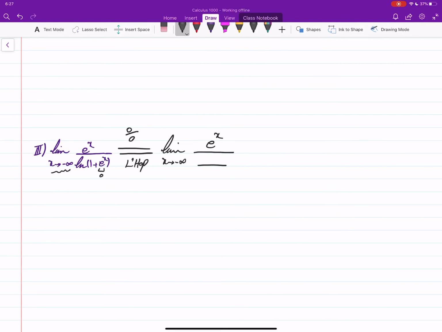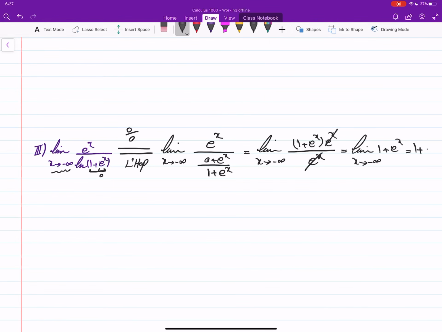For the denominator, the derivative of ln u is u prime over u, so the derivative of 1 plus e to the power x is 0 plus e to the power x, over 1 plus e to the power x. Before we find the limit again, we try to simplify a little bit. As you can see, both of them have the factor e to the power x. We can cancel them and we get the limit of 1 plus e to the power x as x approaches negative infinity, and this is nothing but 1 plus 0, which gives us 1.